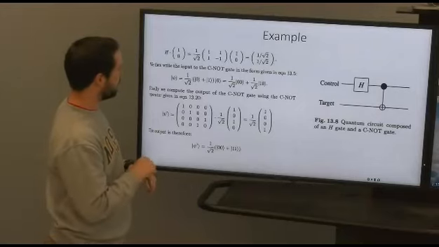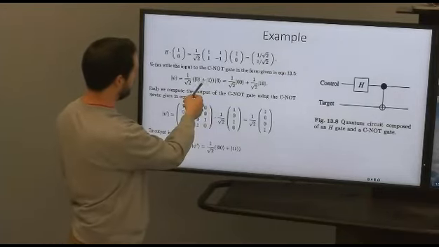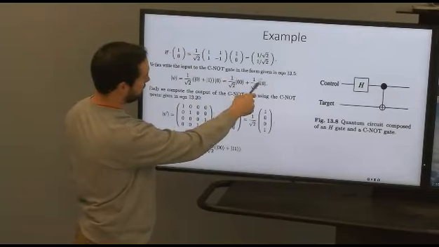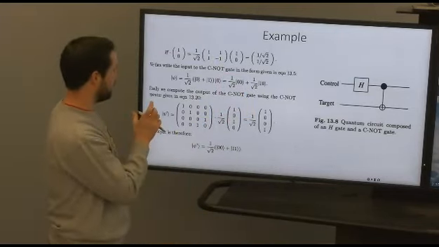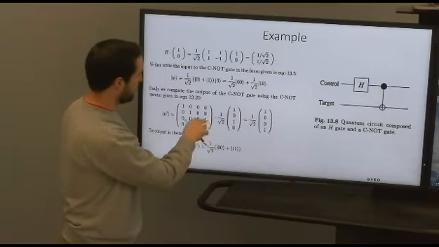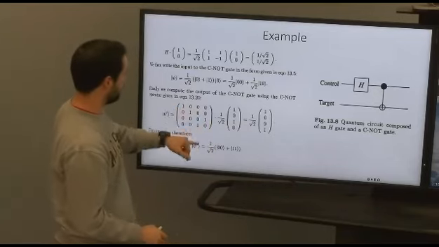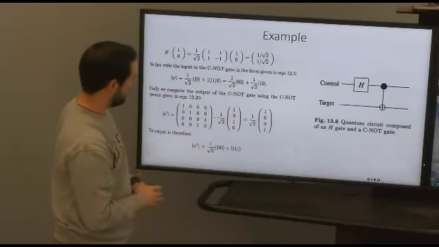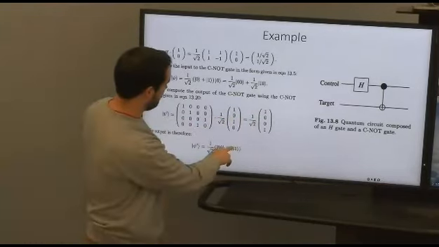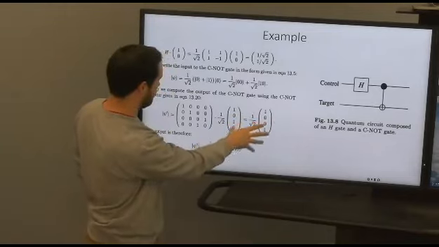And then we multiply again the 0 state here to these 2, which gives us this state. Then we can apply our CNOT gate, which I showed in the previous slide, to this state, which is right here. And then we can get a flip of this state. So this is our output.